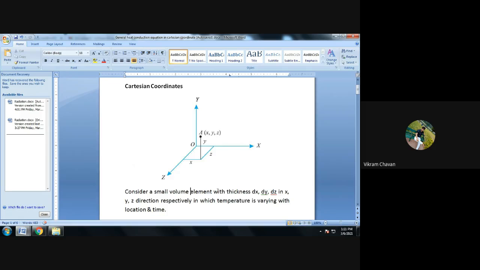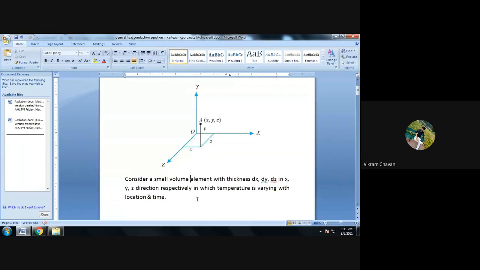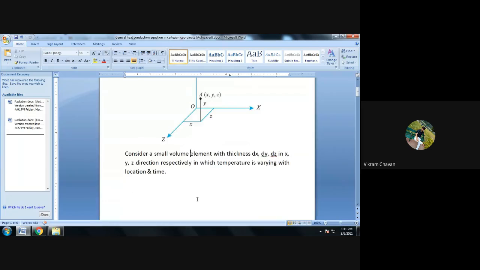Now in this particular element the temperature is varying with respect to location and time. And we need to determine the general heat conduction equation in such a condition.